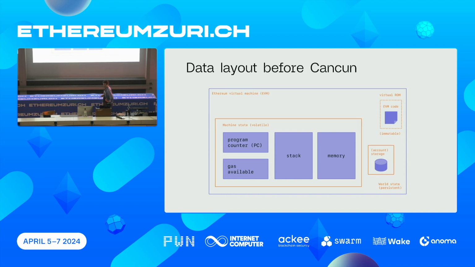You've got the account storage, which has the data storage of the contract, program counter, gas available, not represented here, but also present are call data and return data. These are all the data locations that are present within a smart contract execution.